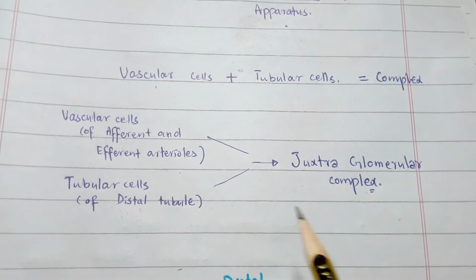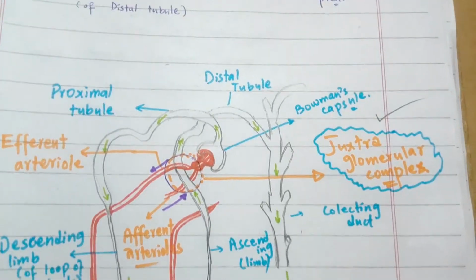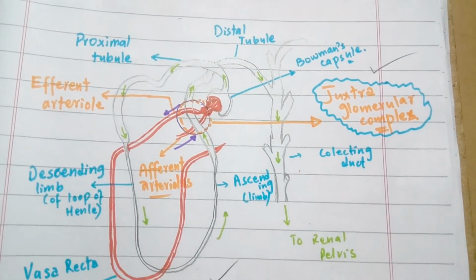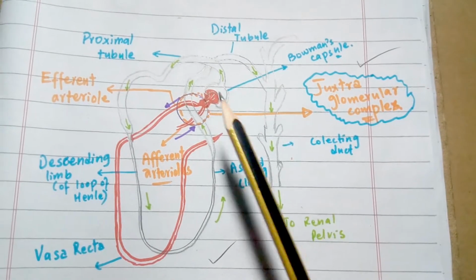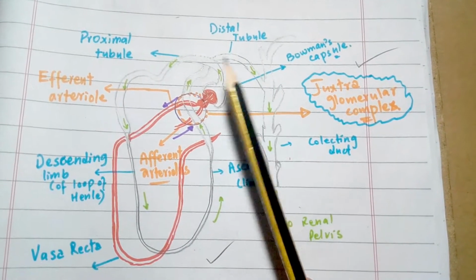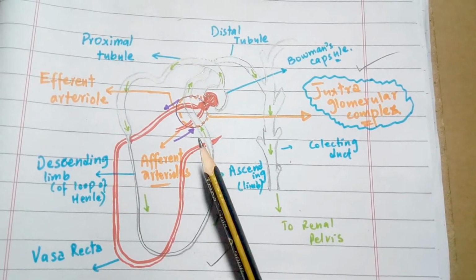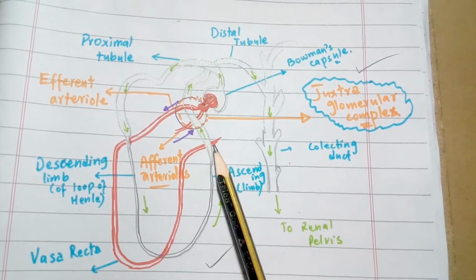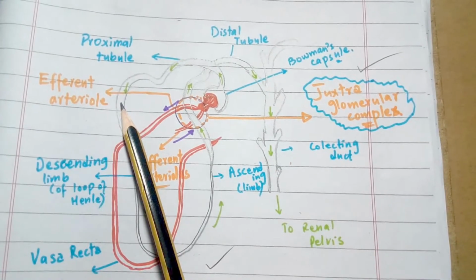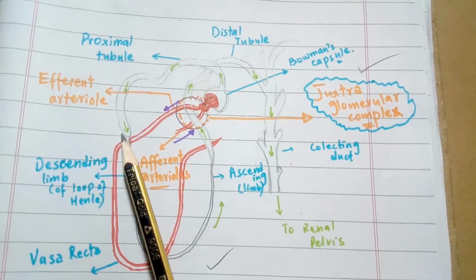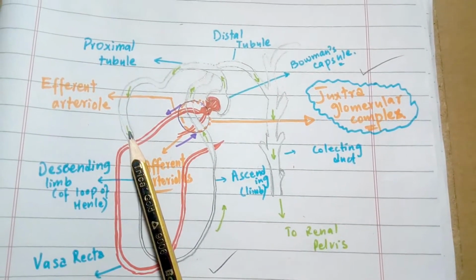How is the juxtaglomerular complex formed? This is the diagram you can see here. This shows the distal tubule, which is the ascending limb of the loop of Henle. This is the proximal tubule, the descending limb of the loop of Henle.